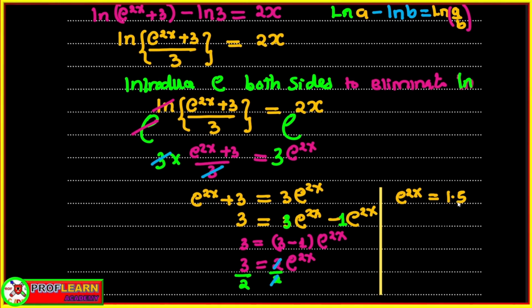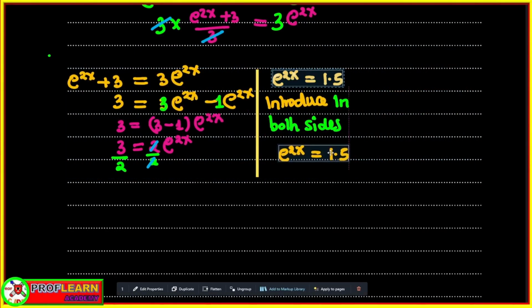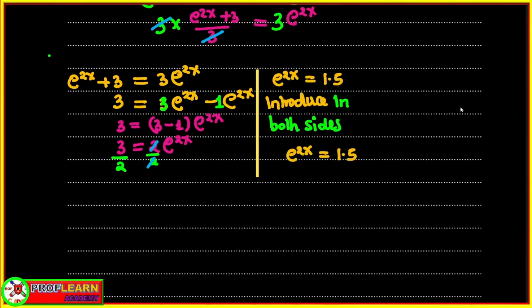Now, in order to solve this equation, we're going to introduce ln both sides. Let me just move this a little bit so I can have enough space to write. All right, so we introduce ln both sides, right? Let's write properly, and then divide by 2 both sides.